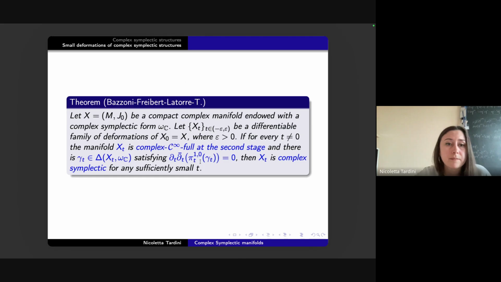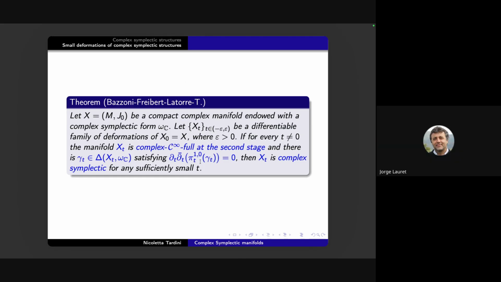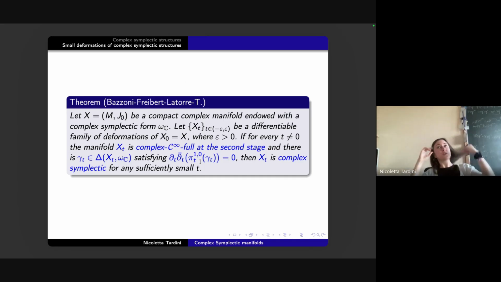Nicoletta: So the 2,0 component is still a complex symplectic form for any T? That's what you're saying? Well, the 2,0 component plus, yes, but you also have this other part, this del bar part. In the end, the 2,0 component will be closed, but what ensures closure is this condition. I see.